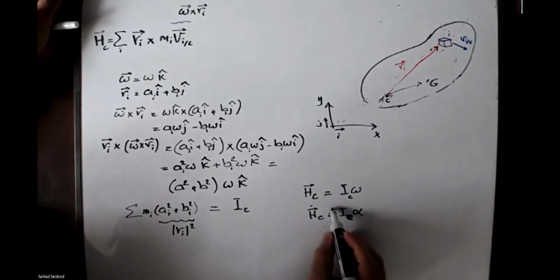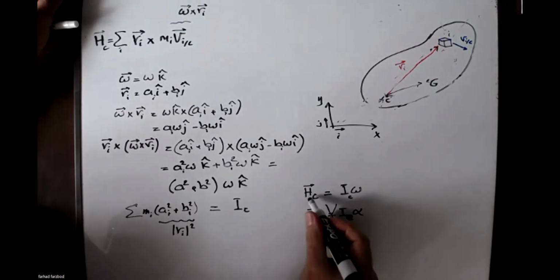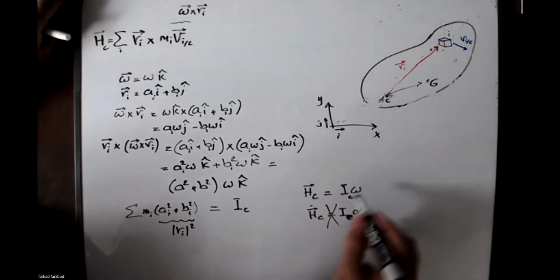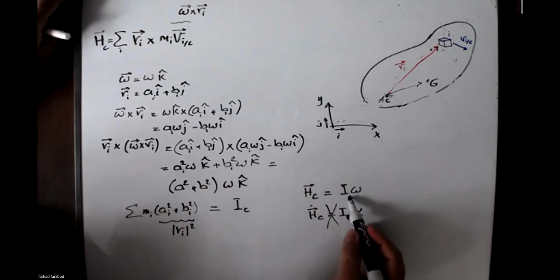So this is not true for every case, except for these 3 cases. But this is what we found for angular momentum. So this is true. And we saw that, okay, angular momentum, we can use that I from the table in the back of the book.